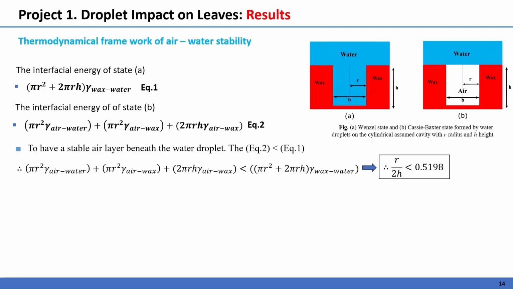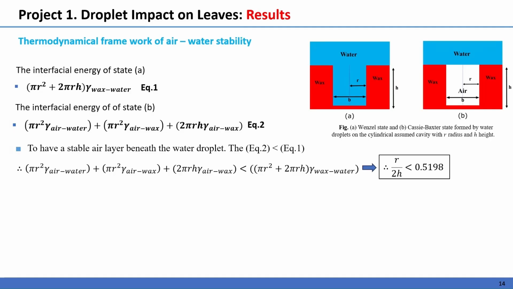In state B, you can see the air pocket between the water and the wax, that is the Cassie-Baxter state. The interfacial energy of these states can be written as shown in equation 1 for figure A and equation 2 for figure B.